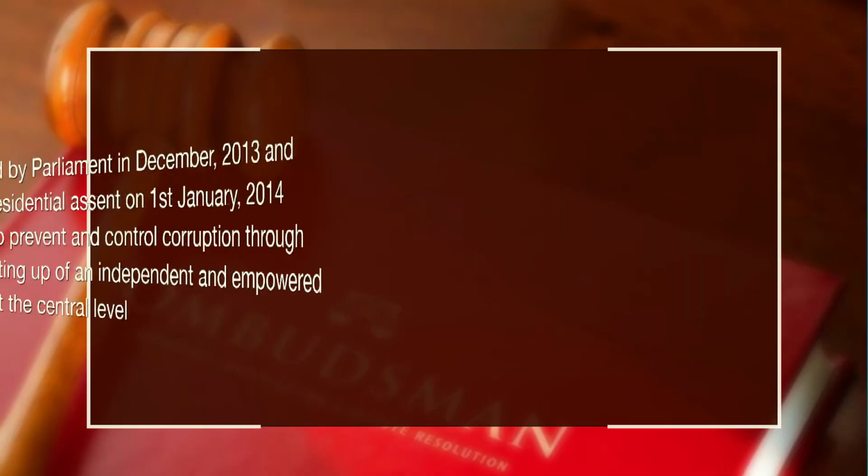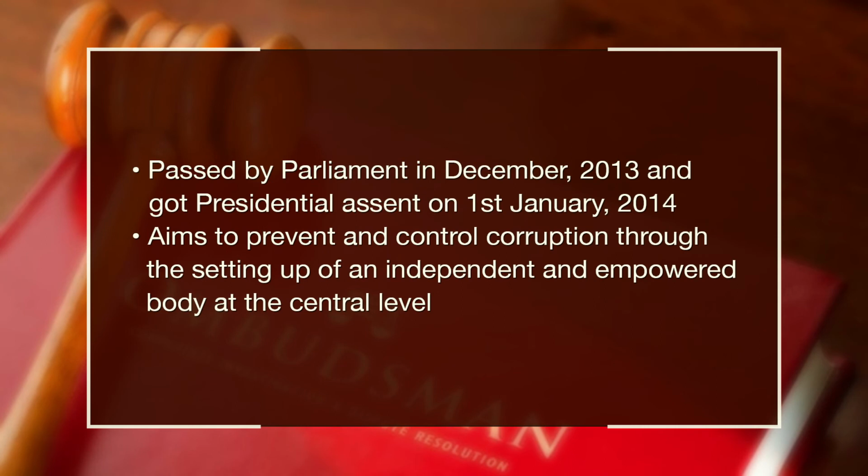In May 2012, the bill was referred to a select committee of the Rajya Sabha to try and develop a consensus on the disputed issues. After the report of the select committee, the bill passed and received the assent of the President and thereby became an Act in 2014. It was passed by Parliament in December 2013 and got presidential assent on 1st January 2014.